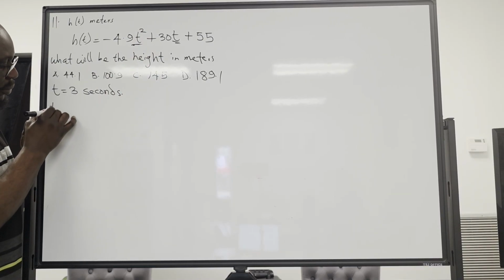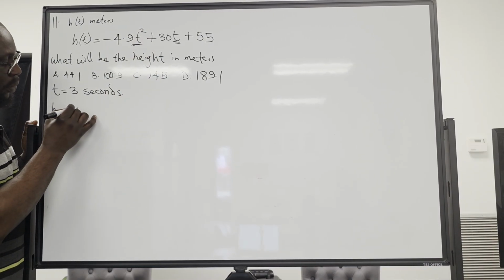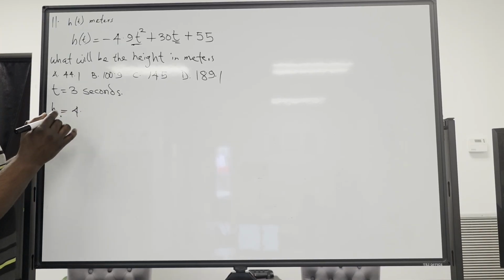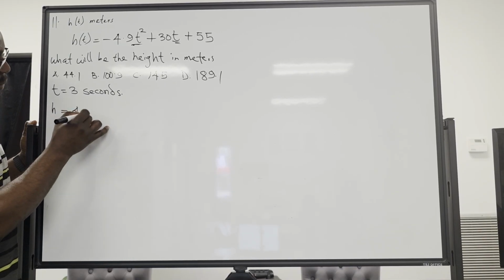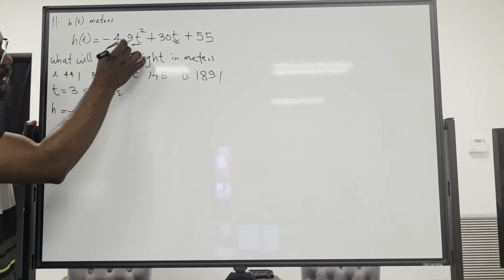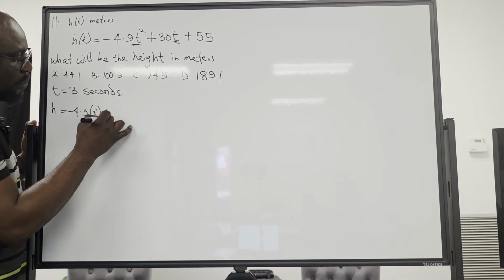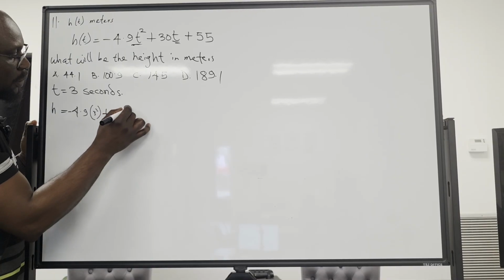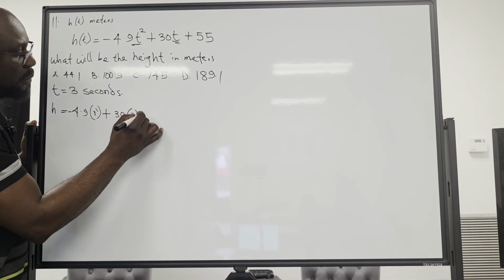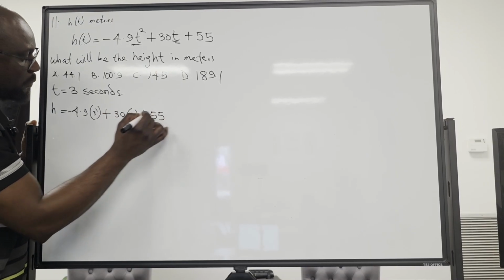So the height will be equal to minus 4.9, and instead of t we're going to put 3 squared, plus 30 times 3, plus 55.